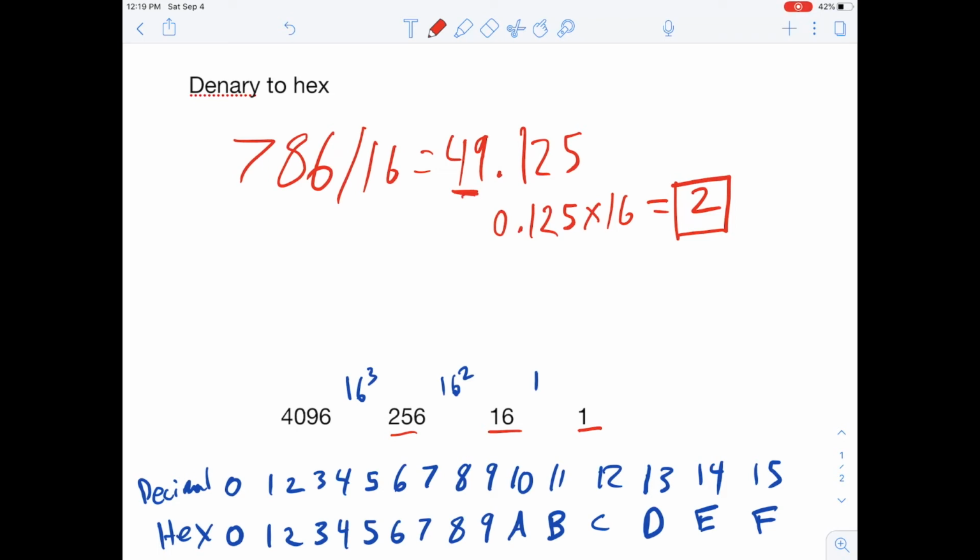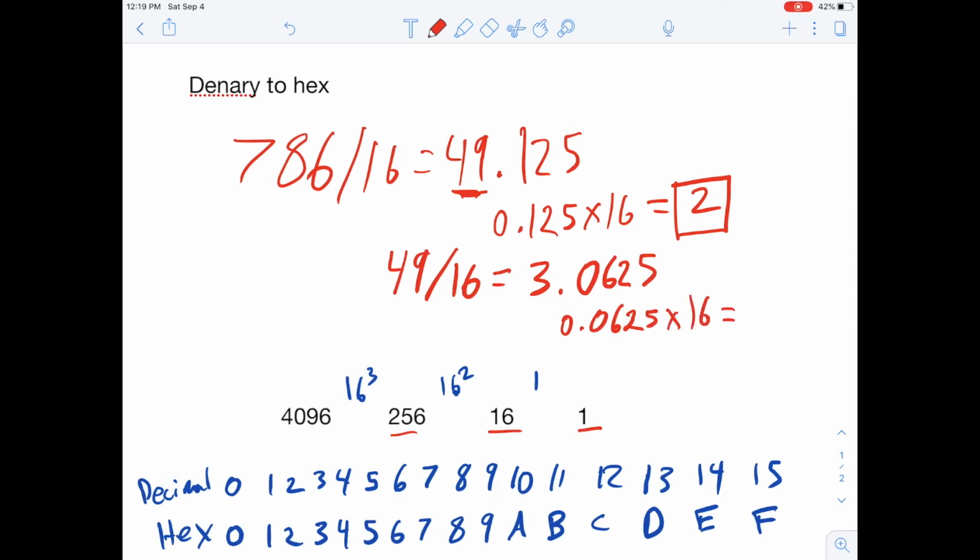Next up, I'm going to take the 49, and divide by 16. So 49 divided by 16 is going to give me 3.0625. Again, I want the remainder here, so I'm going to take the 0.0625 and multiply that by 16. That is going to give me 1.